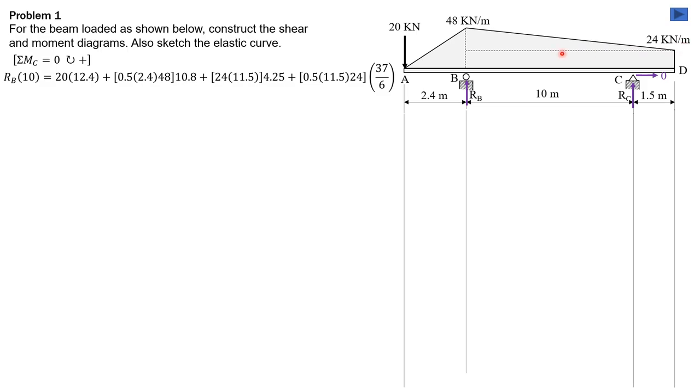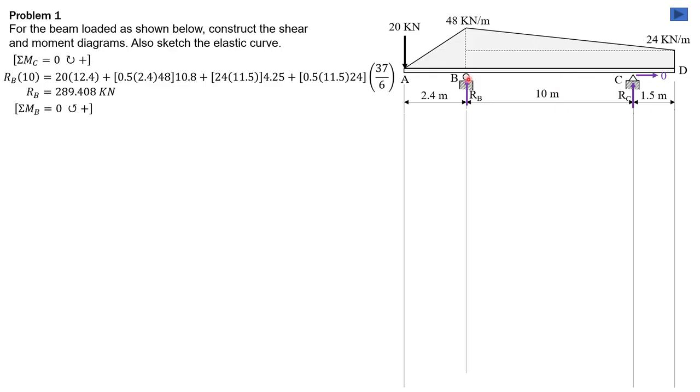This is supposedly 2/3 of 11.5 or 23 over 3. 23 over 3 minus 1.5, moment arm of this triangular load, is 37 over 6. So solving for R sub B is 289.408 kilonewtons upward.